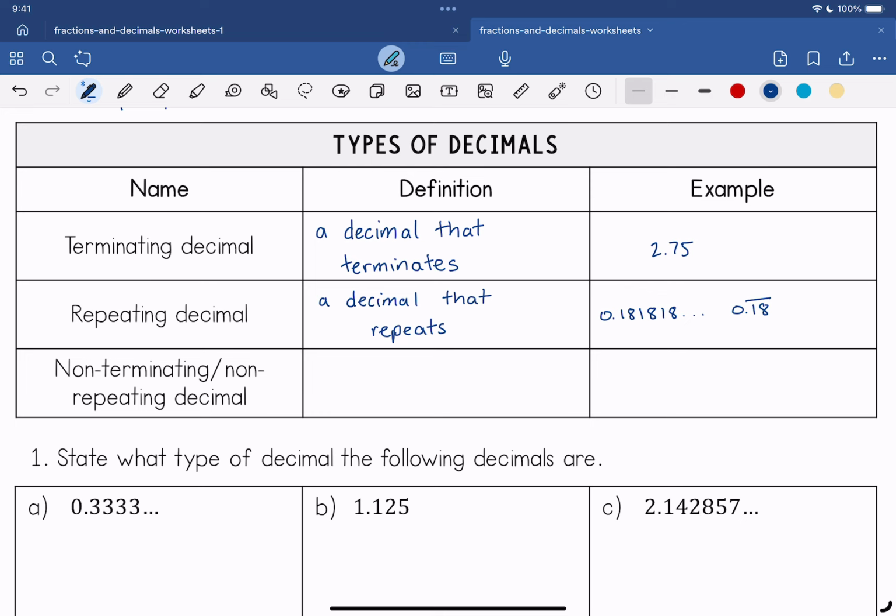A non-terminating, non-repeating decimal is a decimal that doesn't terminate or repeat.